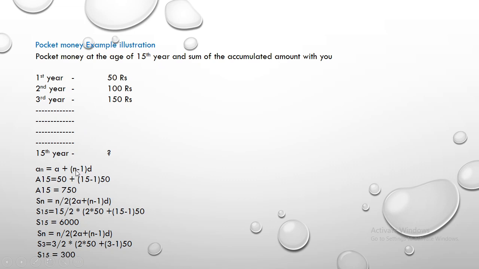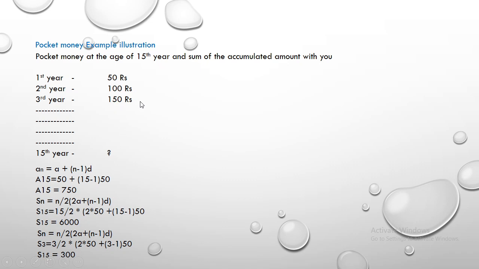Then n we can find out from here itself. A15 means the 15th year, so n is 15, minus 1, we take it from the formula as it is. D is the common difference, it's nothing but the increment per year, that is 100 minus 50, it's 50.